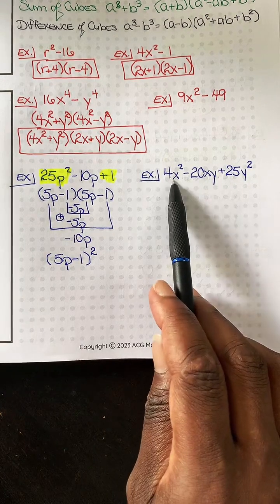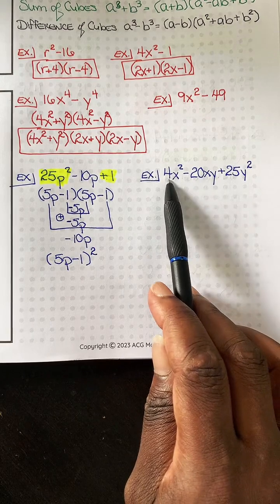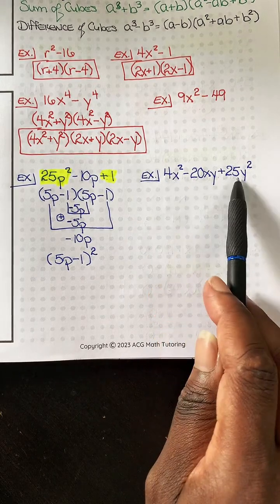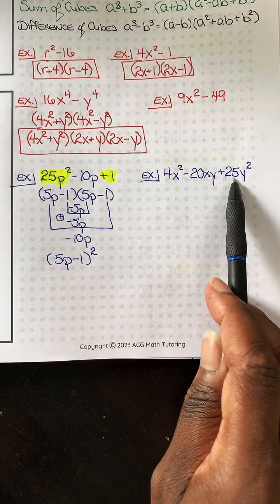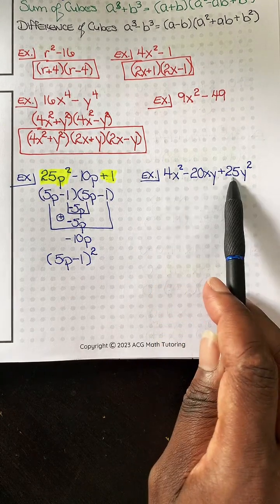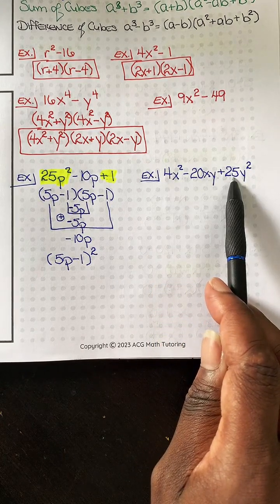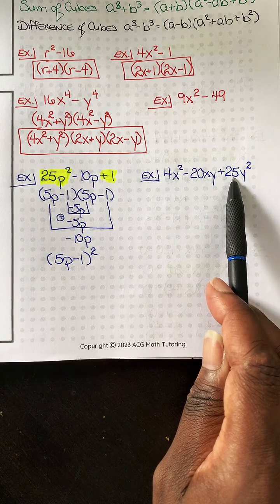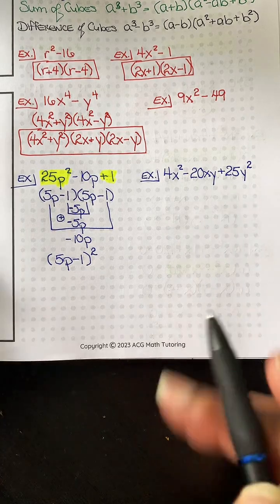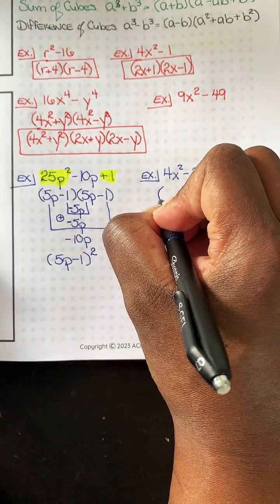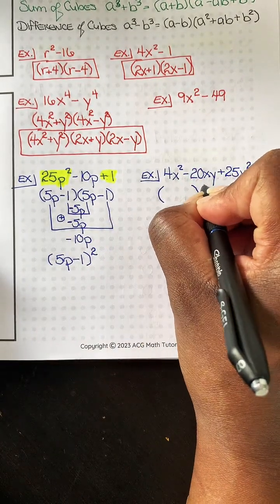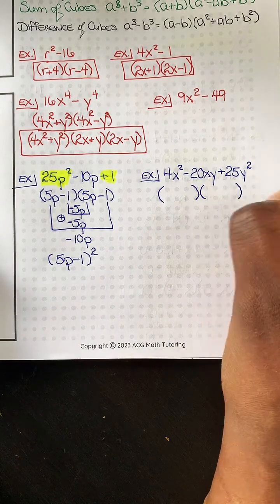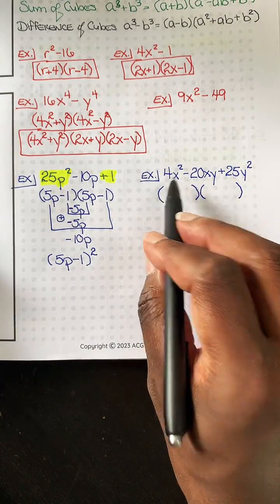All right, look on the ends. So we got 4x squared and we got 25y squared. 4 and 25, they're both perfect squares. So right away, I can split things up. Split my 4s.